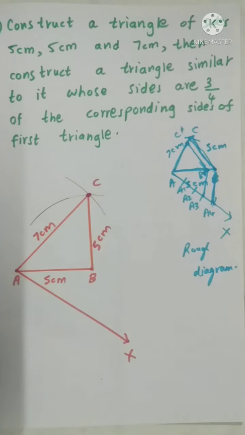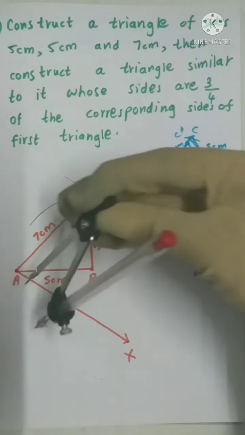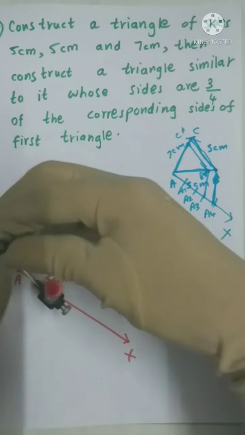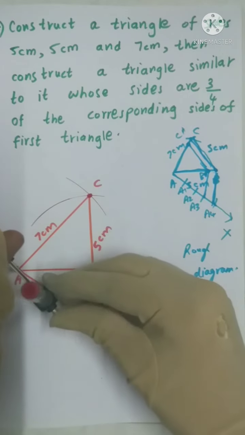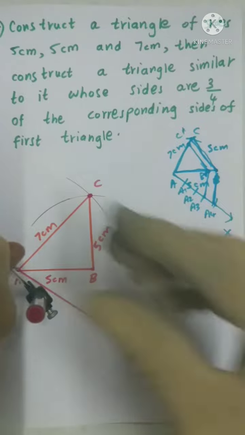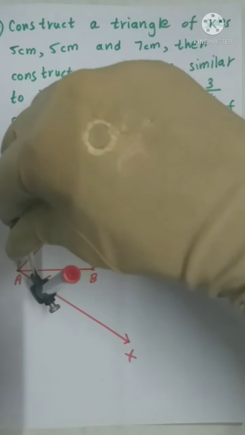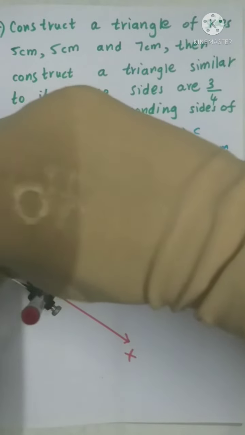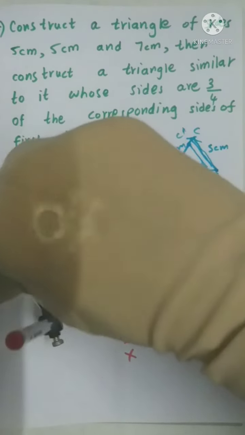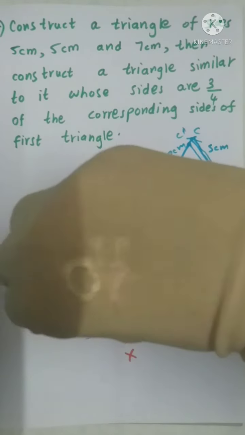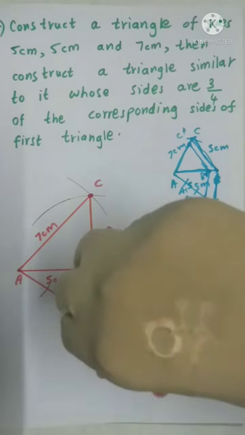Next, here you have to take some arcs. So drawing the arcs here, this is A1, this is A2, this is A3 and this is A4.